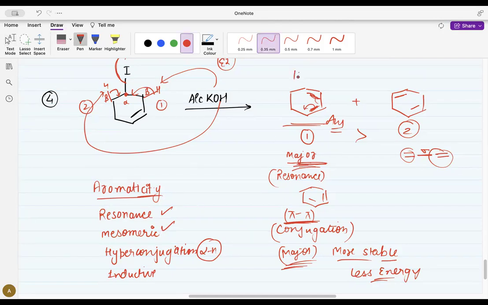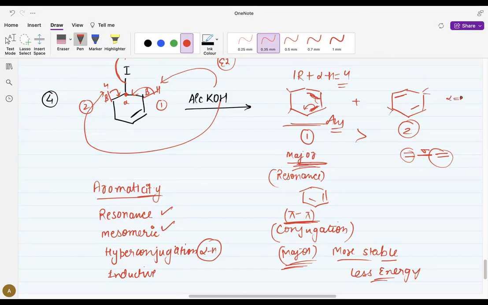So it has one resonance plus how many alpha hydrogen? 2 plus 2, 4. But here alpha hydrogen will be 4. So one resonance is giving me 6 alpha hydrogens, and 6 plus 4 will give you 10 alpha hydrogens. Here is only 4.